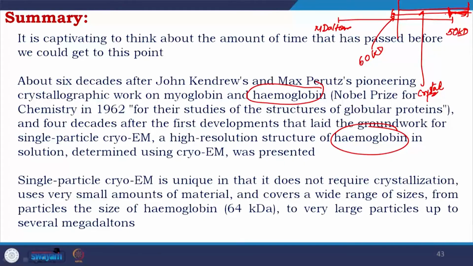From small peptides to 60 kilodalton proteins, NMR is good. For any peptide to a good size of protein of a few 100 kilodalton, X-ray is good. From 50 kilodalton to several megadaltons, cryo-EM is good, but cryo-EM works with the native condition, identifying the conformation and all at the atomic level.